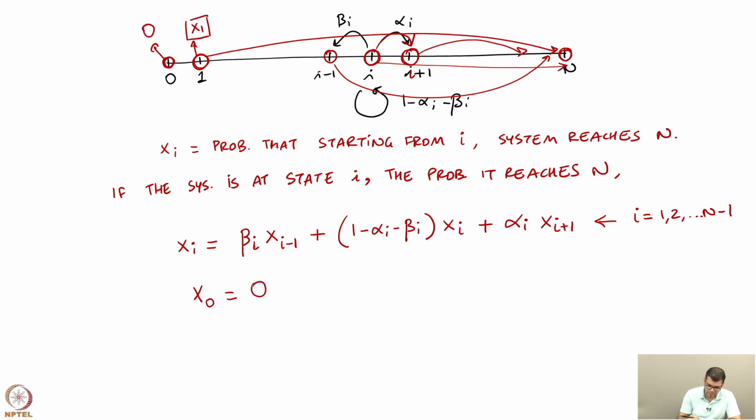We have discussed this enough times now. And what is the probability xn? The system is already here, so the probability that it reaches here is simply equal to 1. So, xn is equal to 1.